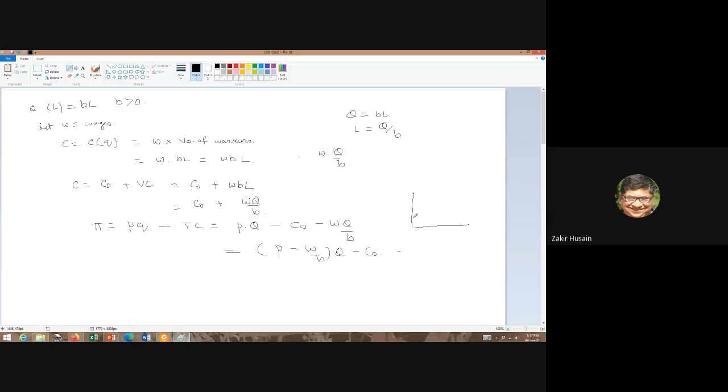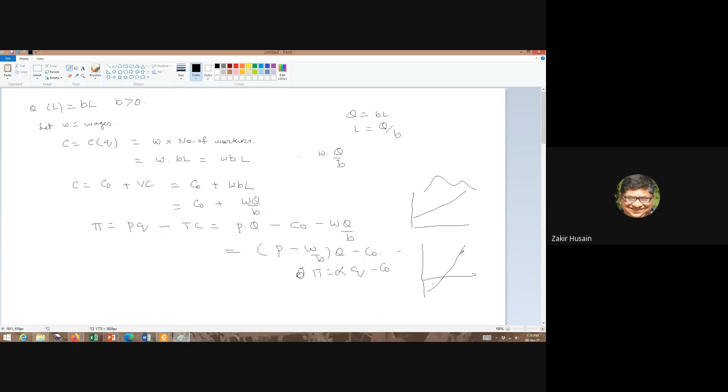It starts from zero and it just goes on either like this, it can be like this or whatever, you know. So if this is continuous, we can write this as, let us say, alpha q minus C0. So you're going to start from here and it's going to rise like this.